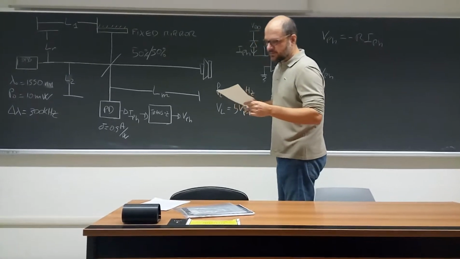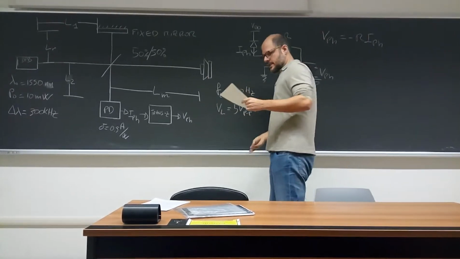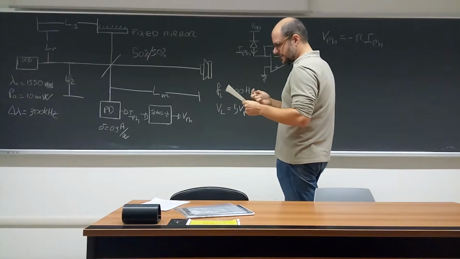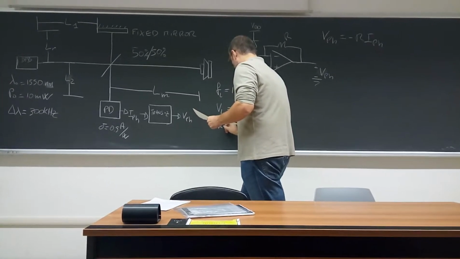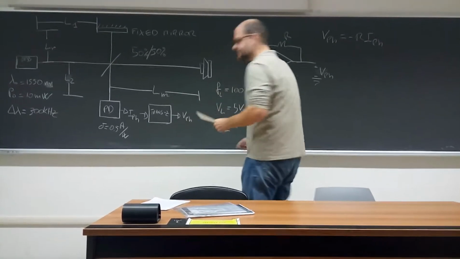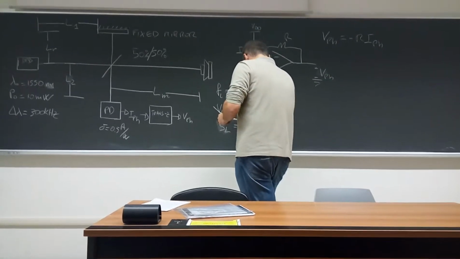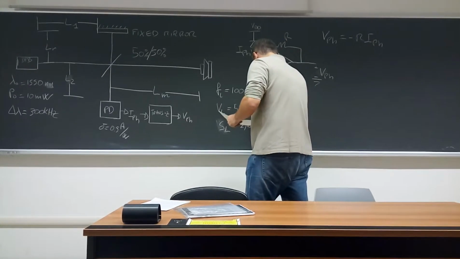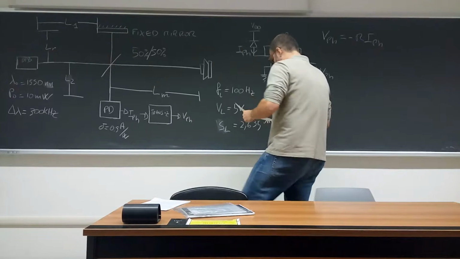And you know that to transform voltage into displacement, the sensitivity of the loudspeaker in displacement, let's call it SL, is given by 0.635 micrometer per volt.